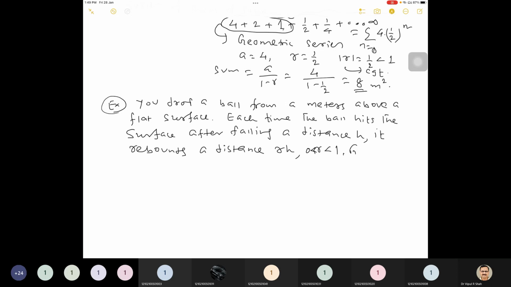The question is, find the total distance the ball travels up and down.